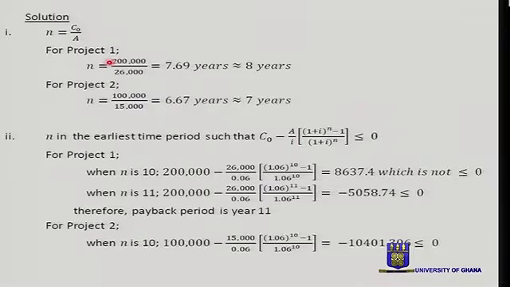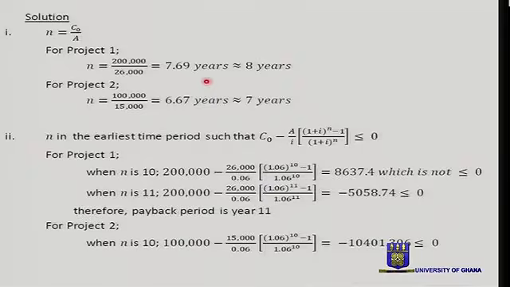And so here, our initial investment from the question for project 1 was 200,000, and the annual benefit is 26,000. If we do this division, we have 7.69, which is approximately 8 years.